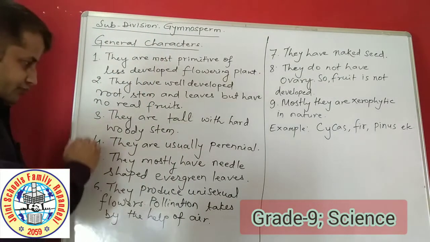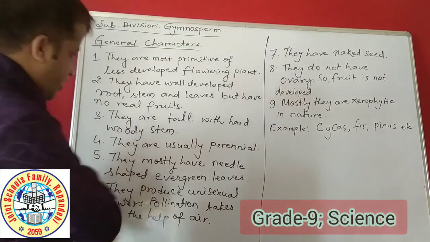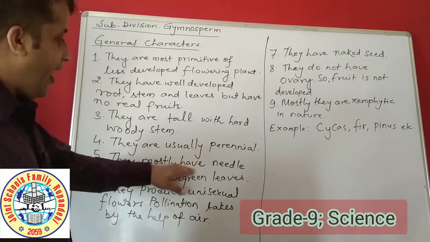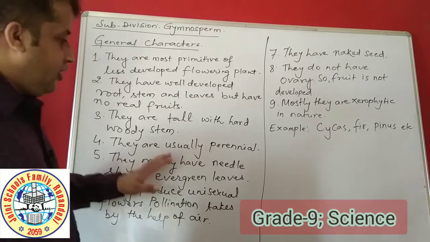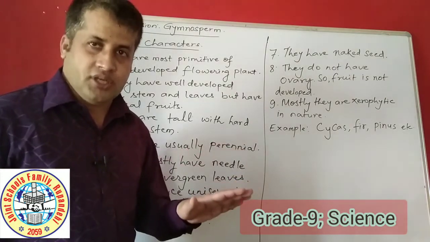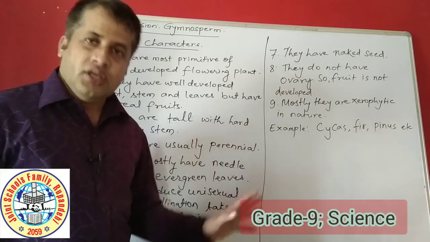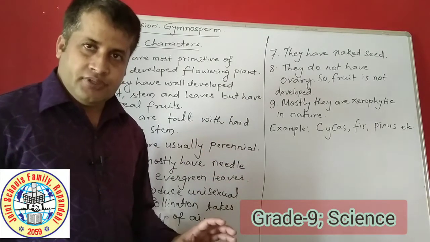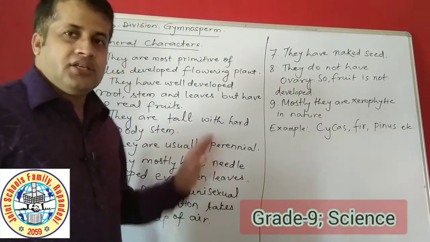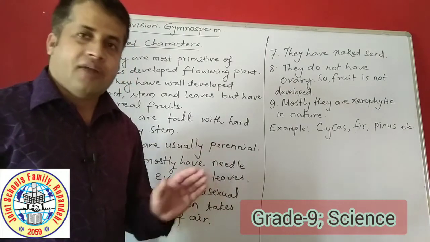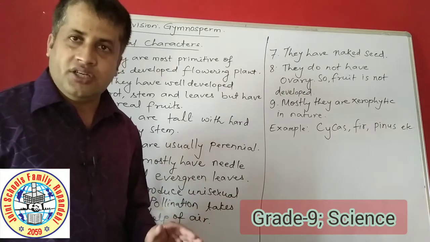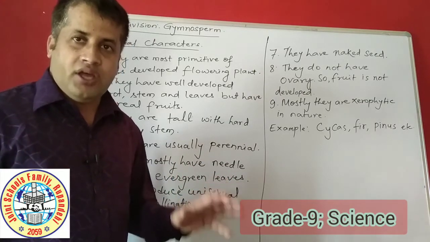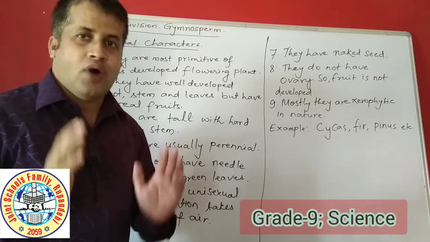And the next characteristic is that they mostly have needle-shaped evergreen leaves. Mostly the plants which belong to this have leaves which are needle in shape. Generally they are found in xerophytic conditions where dry conditions prevail, where there is scarcity of water.